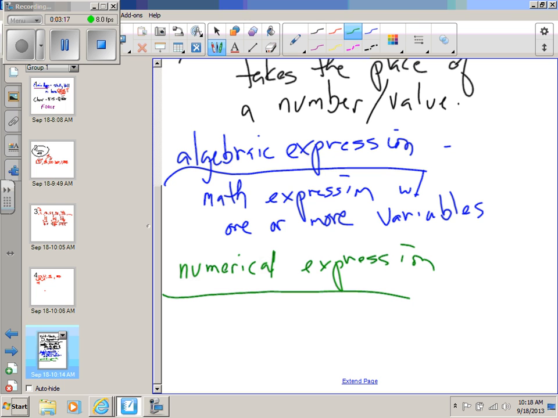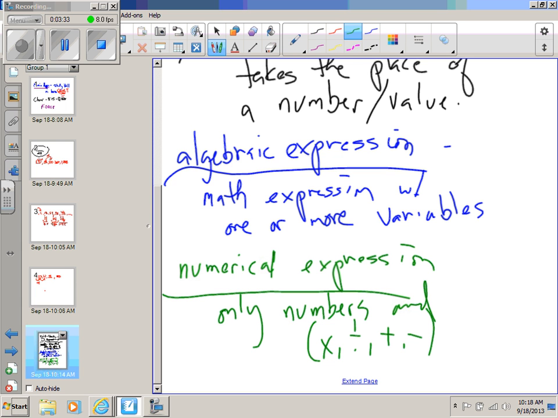A numerical expression has only numbers, and the symbols. That's all it is. Any questions so far? Variables, algebraic expressions, numerical expressions. You're going to spend most of the time working with the variables and algebraic expressions for today.